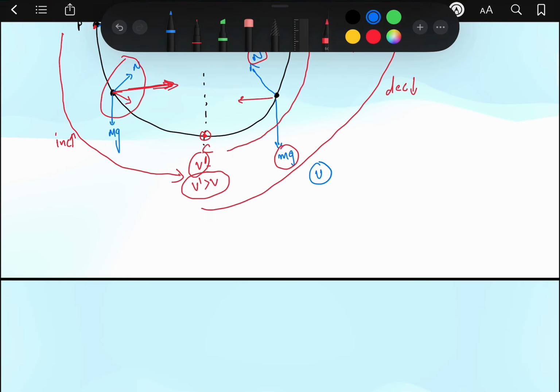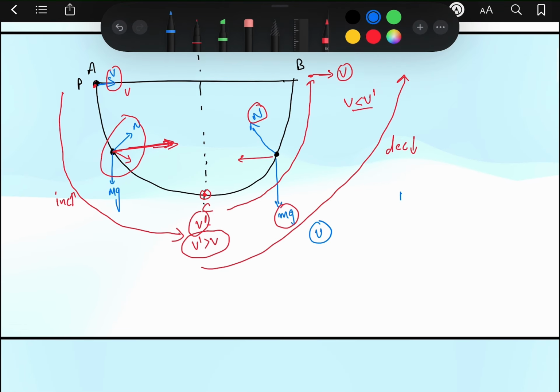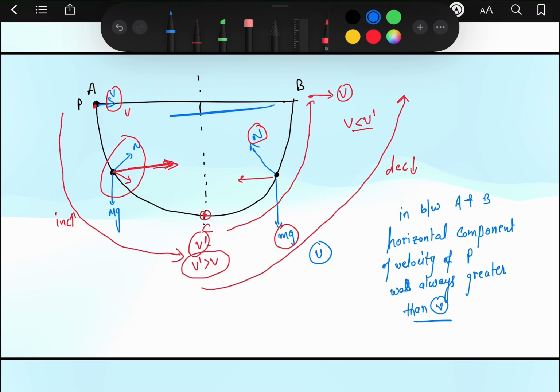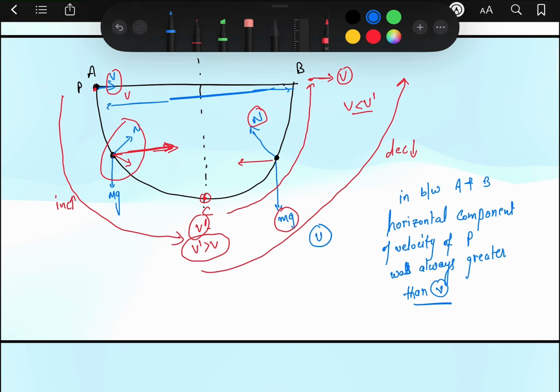So I can clearly write here that in between A and B, the horizontal component of velocity of this particle P was always greater than this horizontal component v.